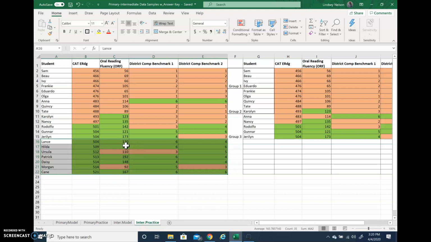And I'm noticing that in group 3, we had Geraldine with a 173, quite a bit higher than where Morgan is. I'm thinking that it may be good to bring Morgan up into that third group and switch her out with Geraldine.